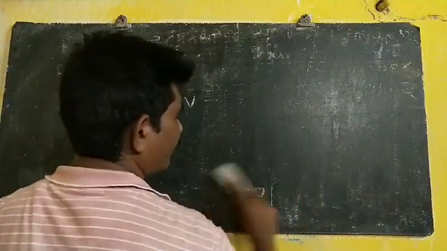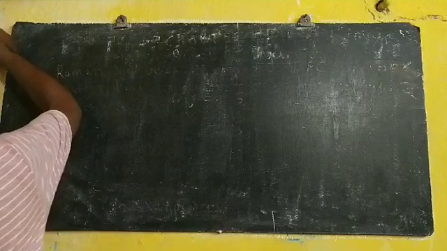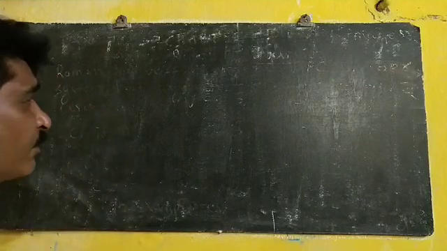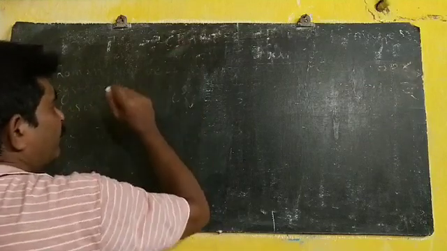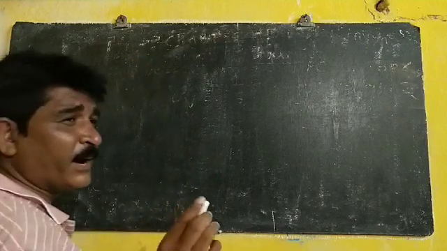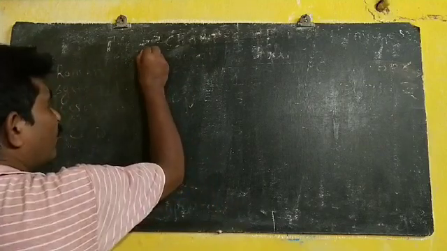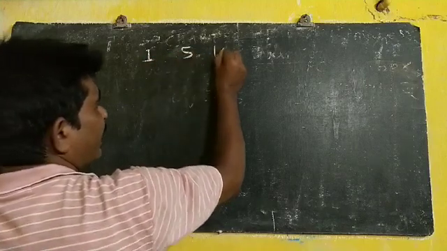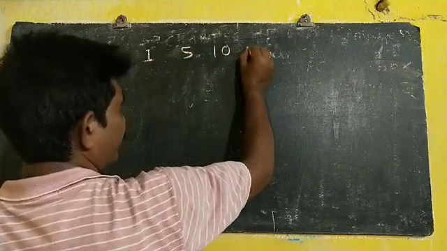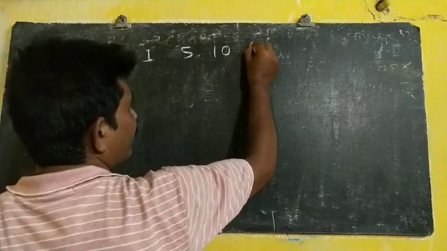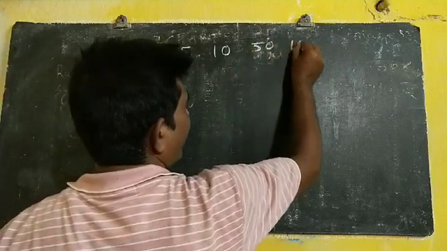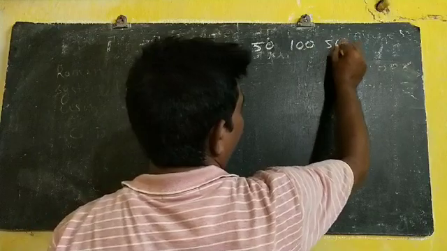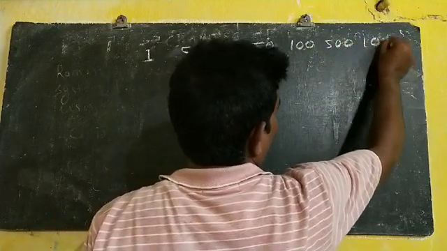Then suppose we have a bundle of 1 rupee notes, and 5, 10, then 50, 100, 500, 1000 rupee notes we have.